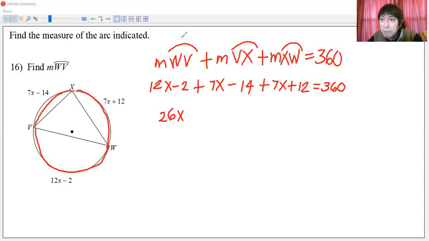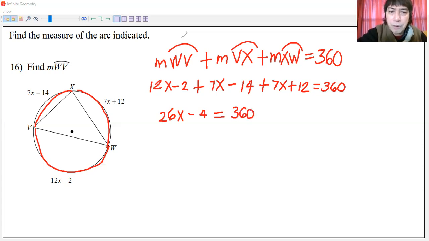That will be negative 16 plus 12, that's a negative 4. We're done with the left side. The right side is just 360.